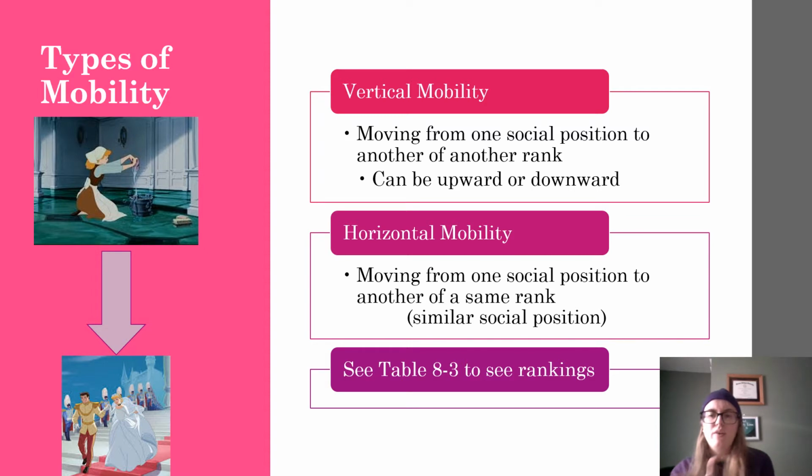You're moving horizontally. You're still an elementary school teacher. The grade might change, but you're still in the same social rank, still in an elementary school system. Versus if you go from an elementary school teacher to a principal, that would be more of a vertical mobility, since that's more of a rank of prestige and esteem, which we'll get into in the next couple slides.